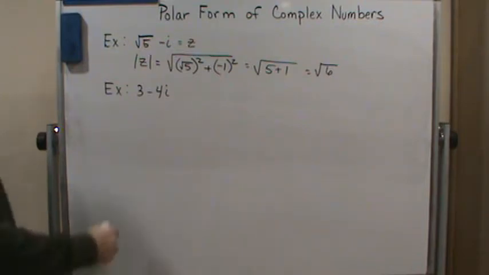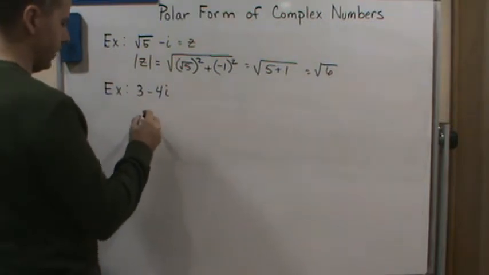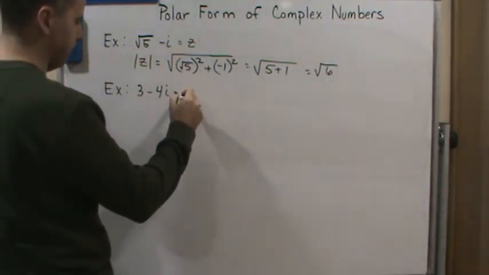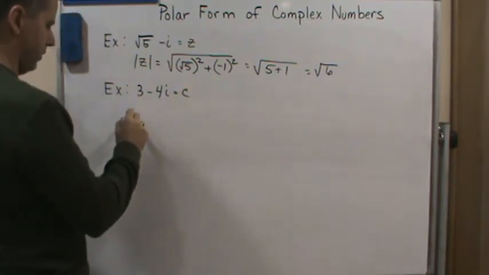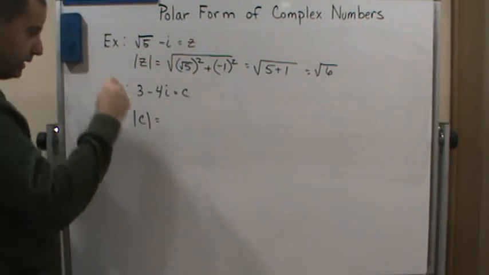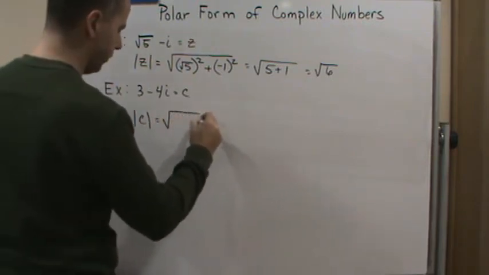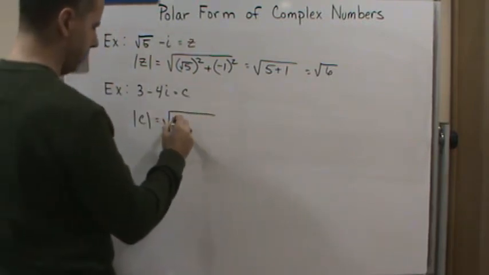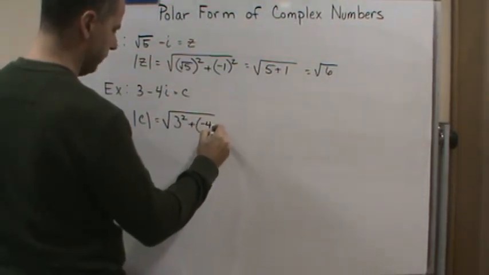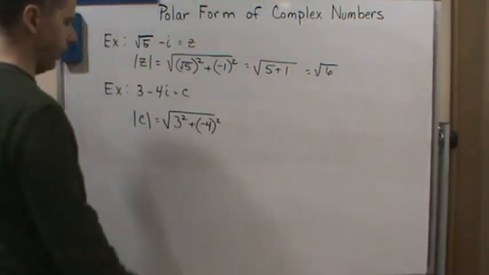Okay, also let's do this one here. So this one we can also do the same thing. So let's call this C. The absolute value of C, or the magnitude of C, is given by the formula, again, 3 squared plus -4 squared.